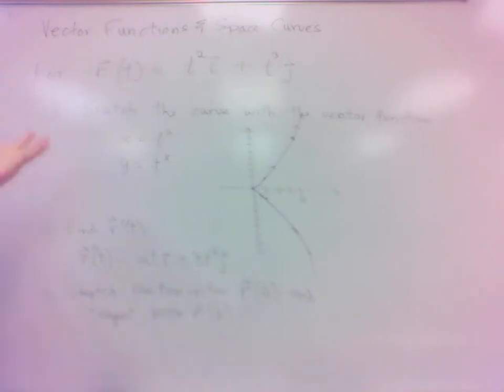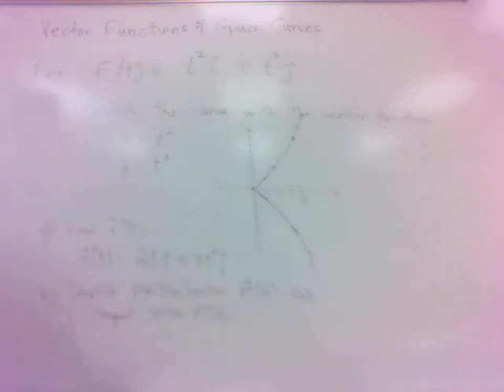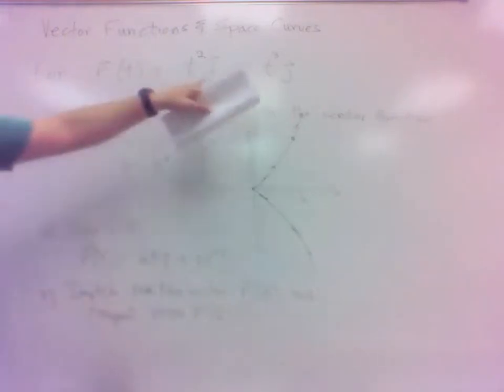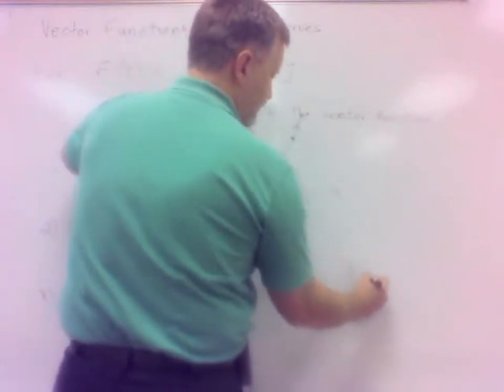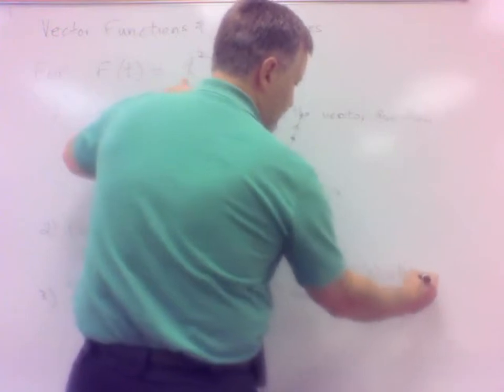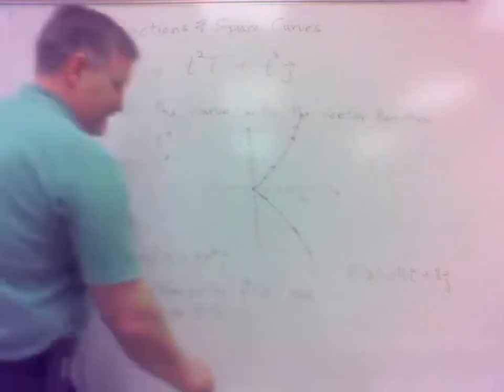So this is just the curve associated with the vector function. What's the actual position vector r(2)? It'd be (4, 8), right? 4i plus 8j, which we've already got the terminal point denoted there.